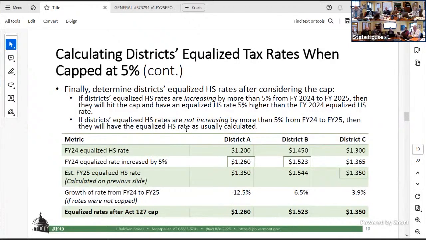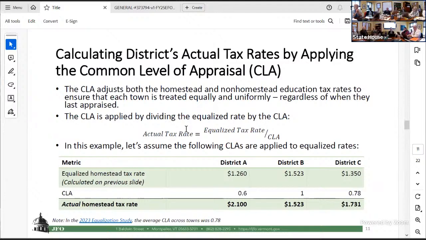Yeah, so I think that's everything I had prepared to say with respect to how the 5% cap fits into the calculus here. So now moving on to the application of the CLA. This likely looks familiar to what you just looked at with Jake.